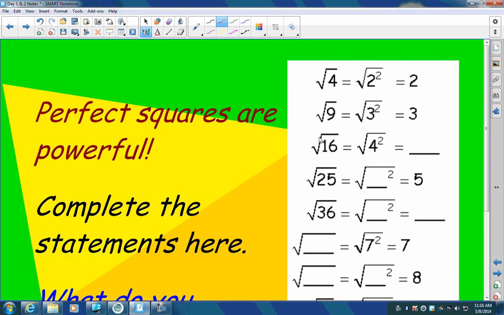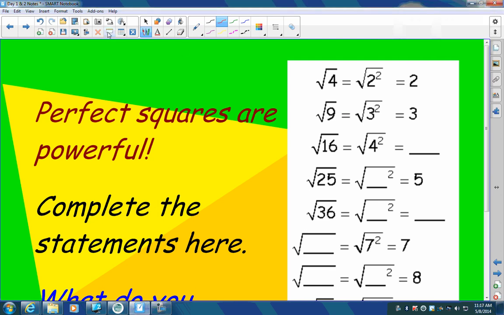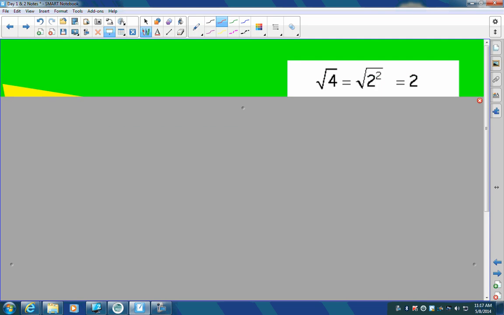Now, take a second and fill in these blanks. Think about what it's saying, and we'll come back together and see how you did. Okay, so look at this. Right here, it says the square root of 4. Instead of 4, you can write it as 2 to the second power.